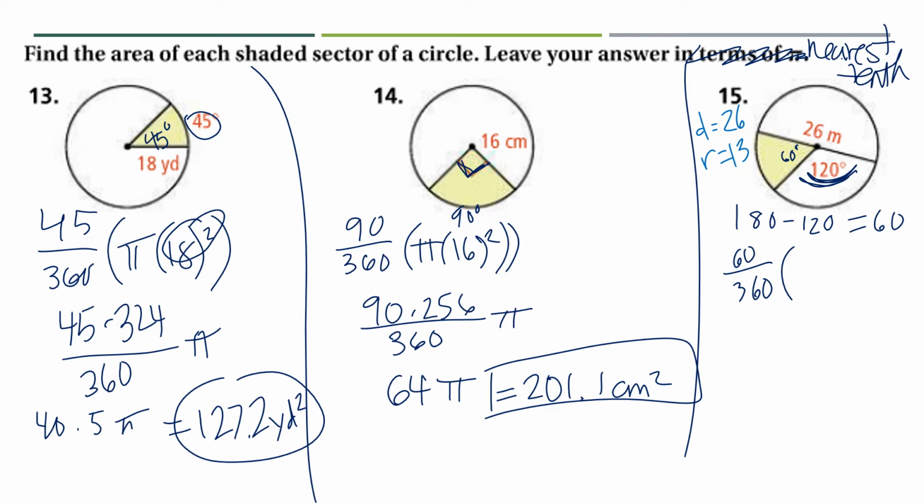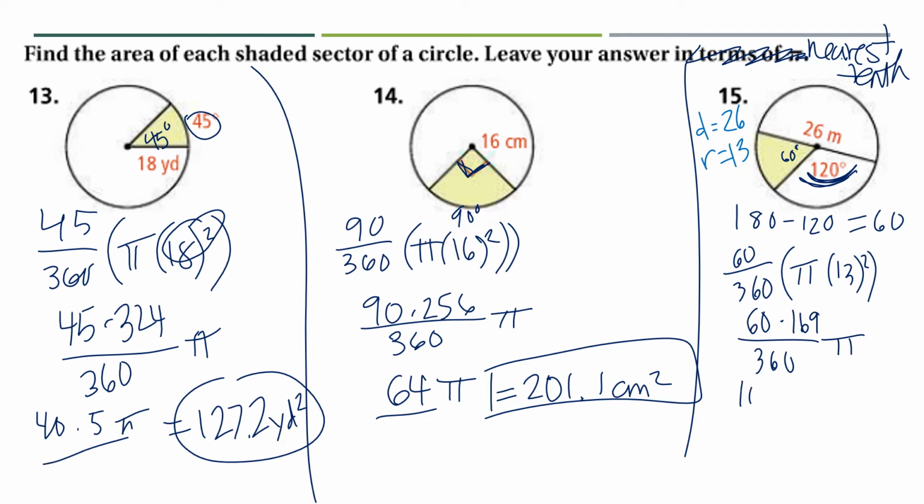So I'd have 60 over 360 times pi 13 squared. 13 squared is 169, so I'm going to have 60 times 169 over 360 pi. And your answer, well, 60 times 169 doesn't give me a nice clean answer like it did the previous two.